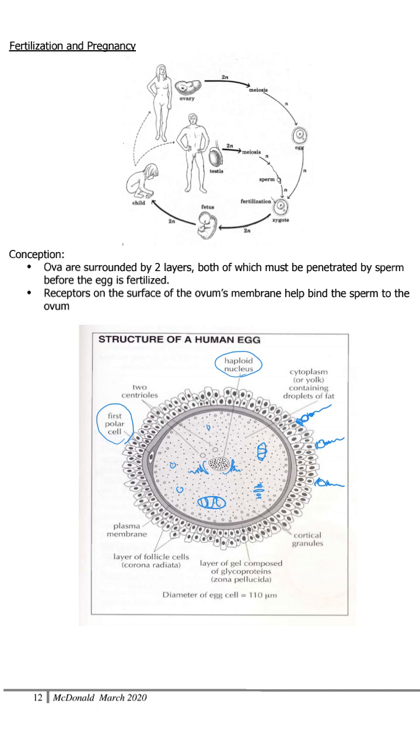The diameter of the egg cell is 110 micrometers. The sperm are significantly smaller than that. They only have a nucleus and that acrosome that's going to help digest through these layers. So they're not carrying any organelles with them. The organelles that are contributed to the zygote are going to be only the organelles from the mother.